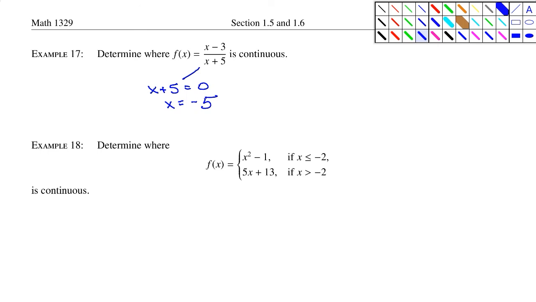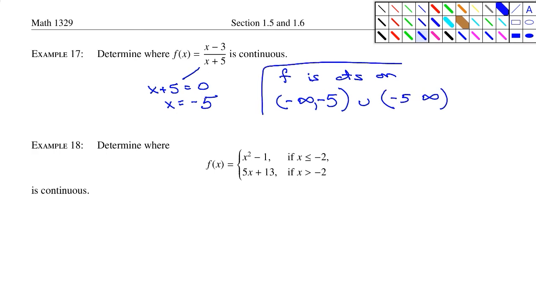And then we know that the function is continuous every place else. So f is continuous on (-infinity, -5) union (-5, infinity). So we use the open parenthesis to show that the interval where the function is continuous goes up to -5, but it does not include -5.